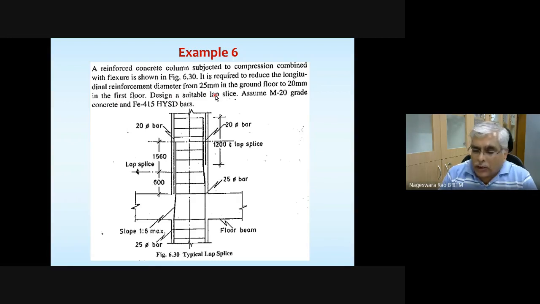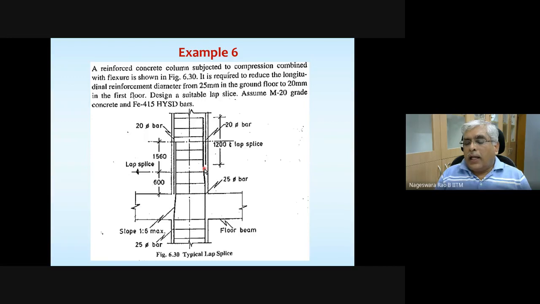Please note that you are splicing 2 different diameters of the bar. Okay. The details are shown here, but the focus of this question is that a 25 mm diameter bar is lapped with a 20 mm diameter bar. 20 mm diameter bar is used from the first floor. 25 mm is used at the ground floor.